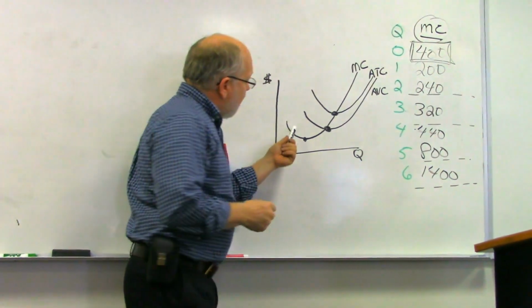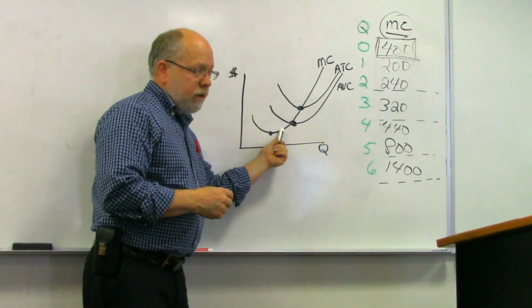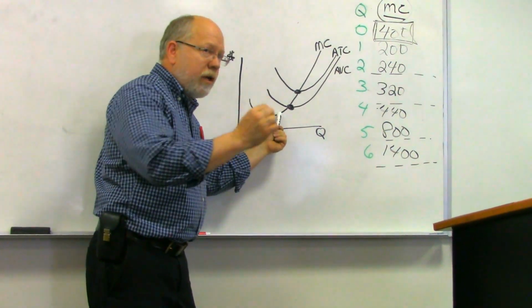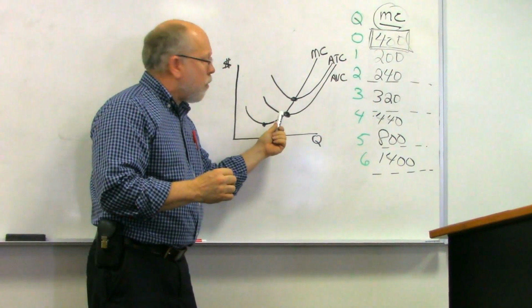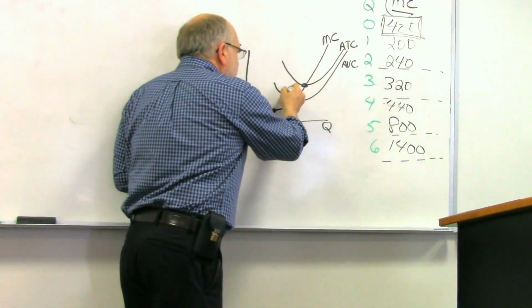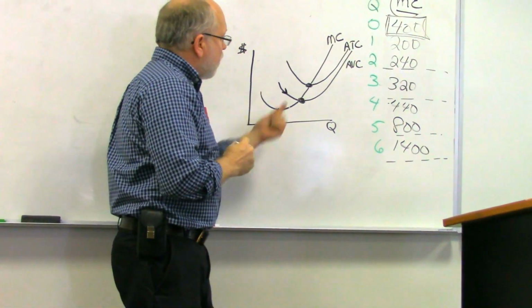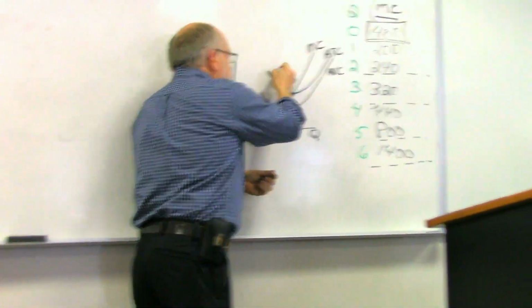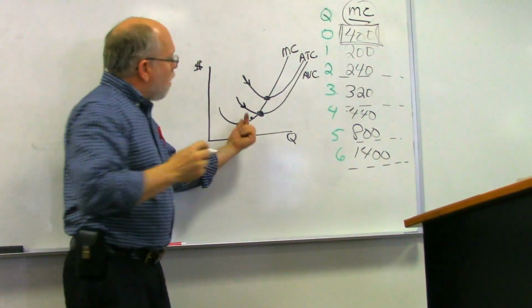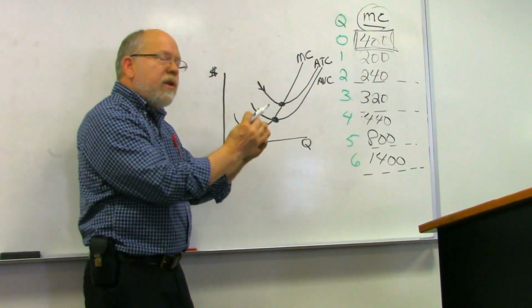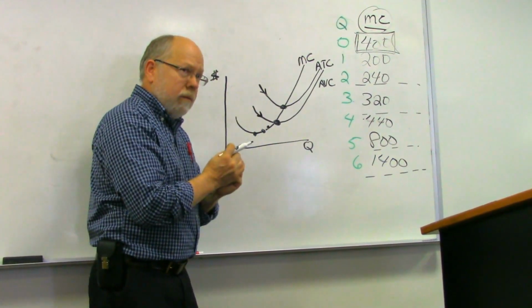Similarly, if our marginal cost, the cost of producing the very next one, is below the average variable cost, it's going to bring it down. It's also going to bring our average total cost down. As long as the marginal cost is below the average, it brings the average down.